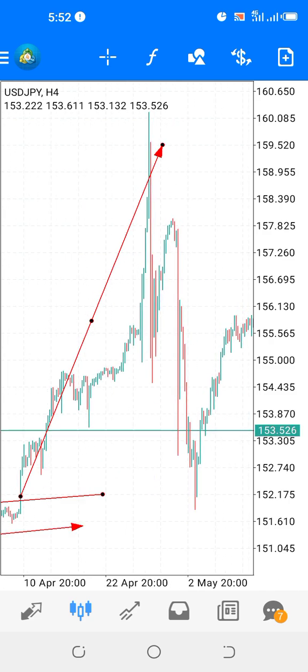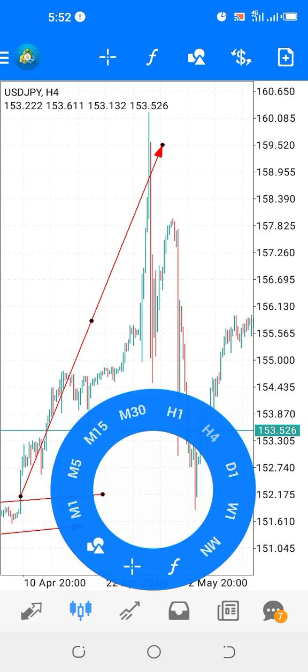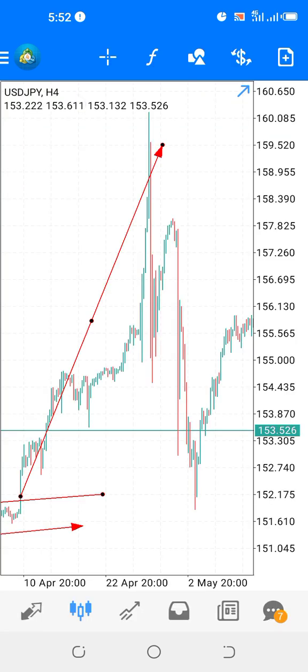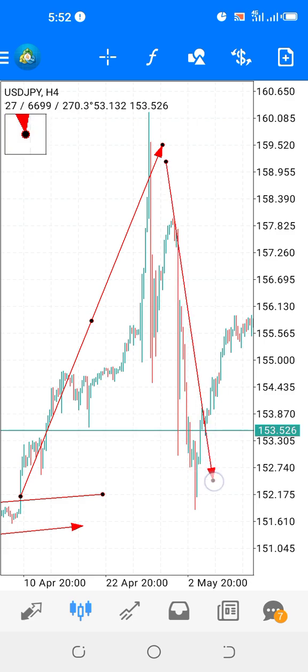And what they did at the end of the day was that they reversed the trade and started selling. This is what we call the reversal breakouts. So you now understand what we mean by breakouts. So let us now look at fakeouts.